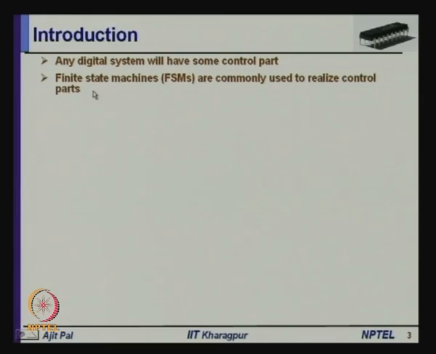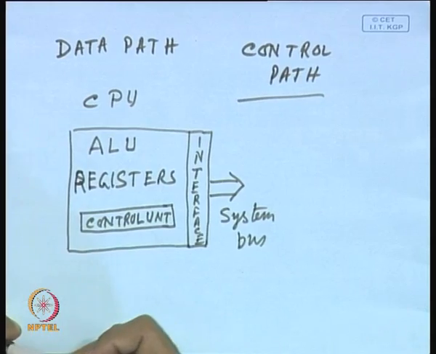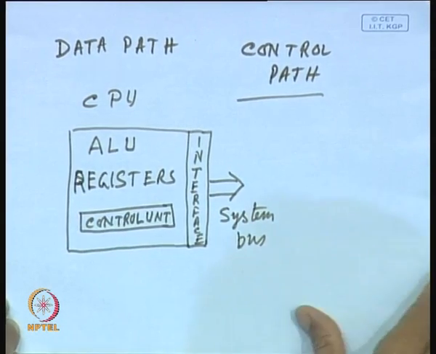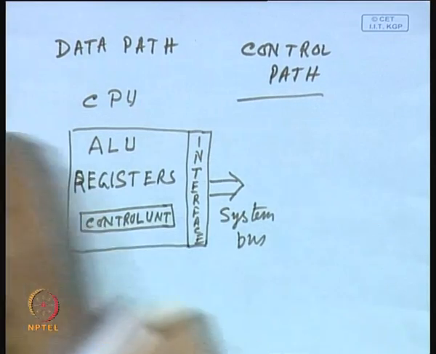So, how do you realize the control part? It can be realized with the help of the finite state machine. For example, this control unit of the CPU can be realized with the help of the finite state machine.